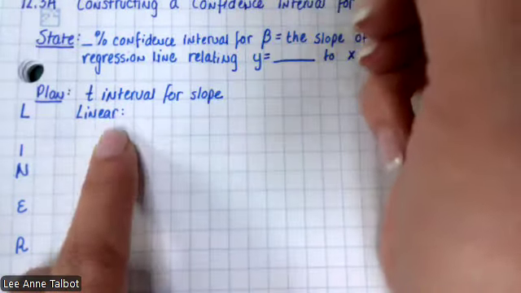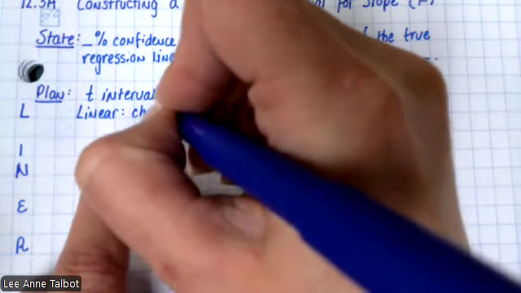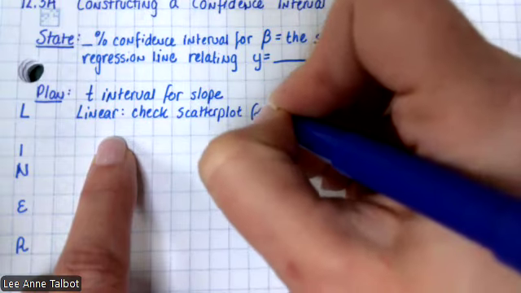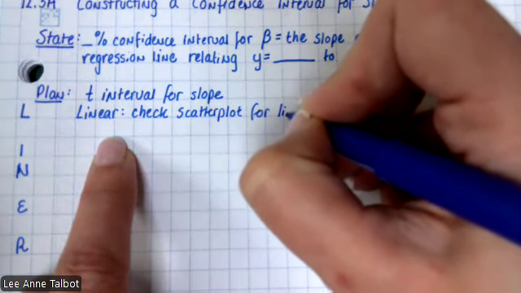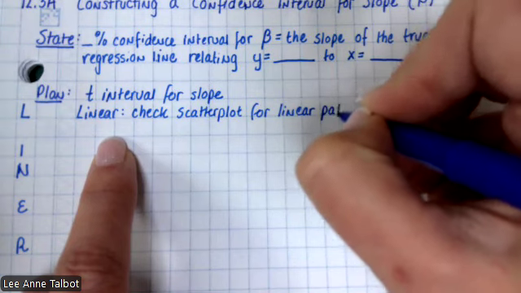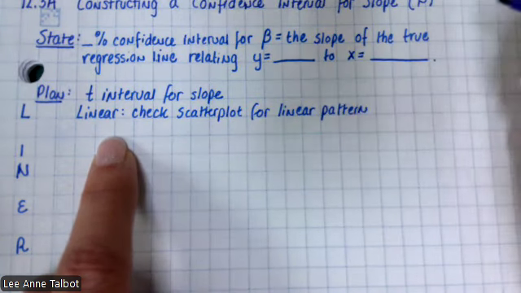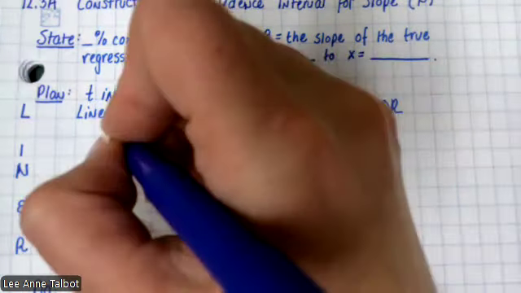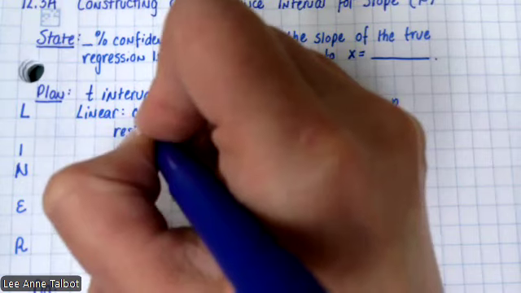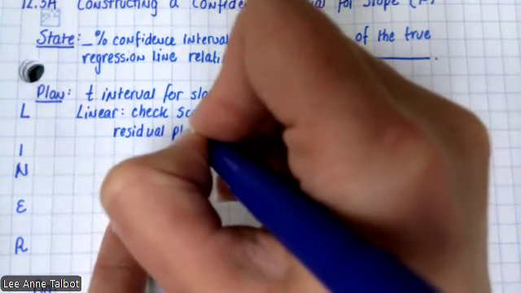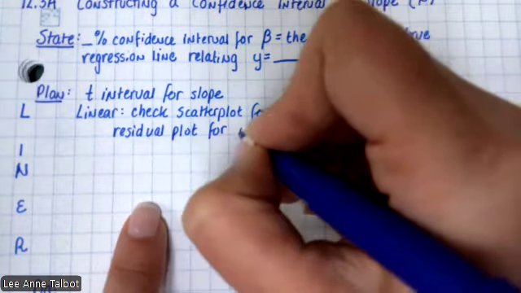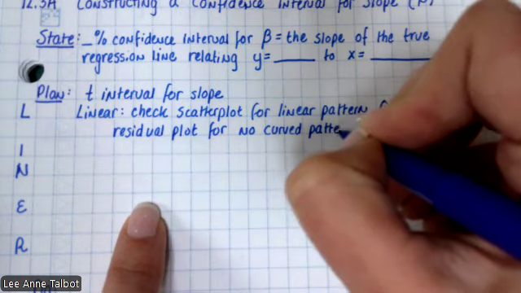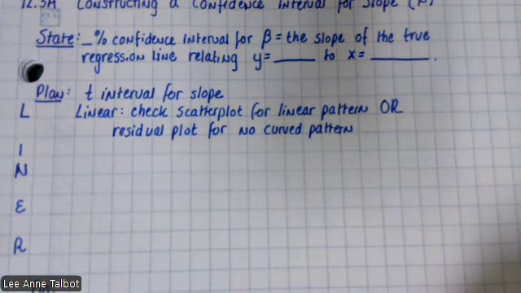So to satisfy the linear condition, you check the scatter plot for a linear pattern, or the residual plot for no curved pattern.